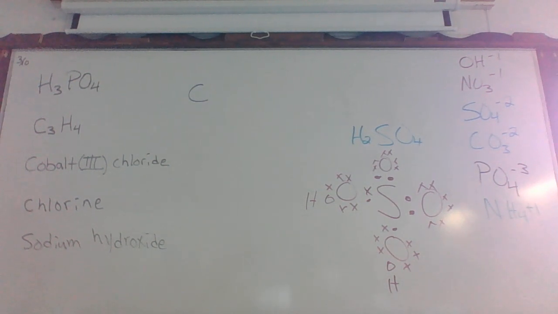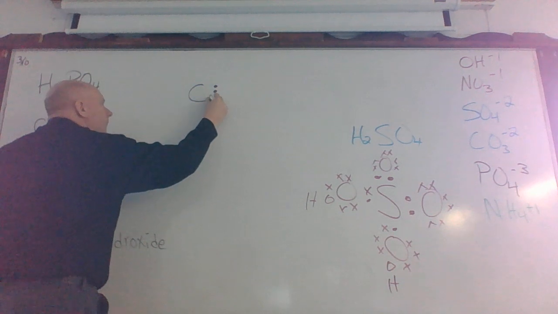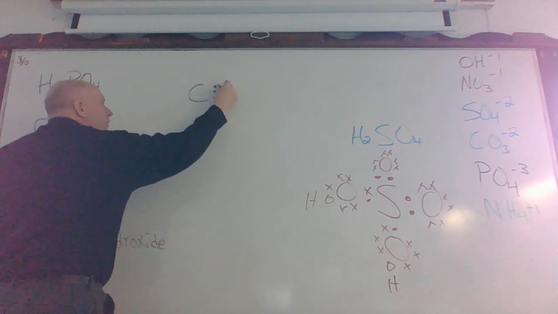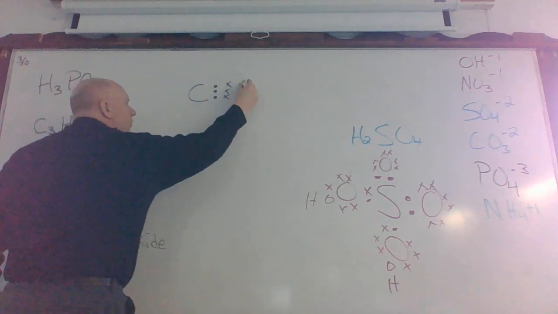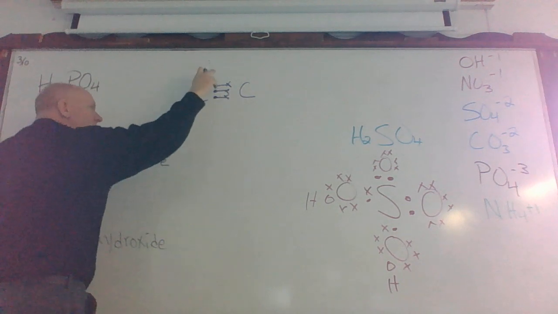Or double bond. So in this case, it's going to do a triple bond. Okay? So if we have 3 electrons here, we have to put 3 here to illustrate that triple bond, just like this, like you had correctly said. Those mean the same thing.